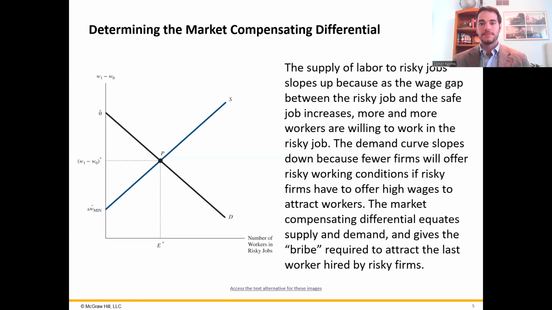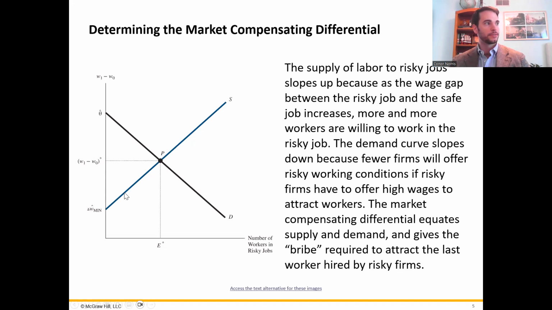So what's important to note is that this compensating differential, this is the reservation price for the marginal worker. So it's how much it takes for that last worker to take that job, to bring the market into equilibrium. It doesn't have anything to do with the overall distaste for risk in the entire population. Don't think of this as some sort of average, like we're tempted to. Each worker before the marginal or the last worker in these risky jobs is overcompensated in a way.